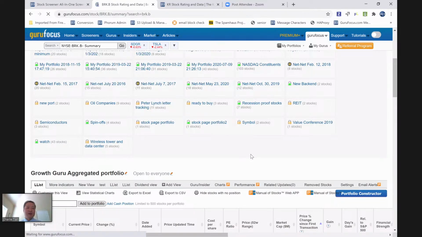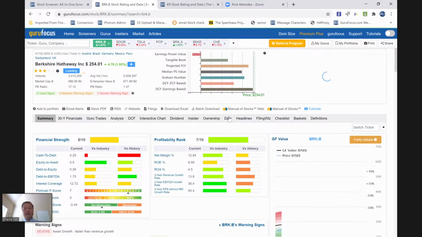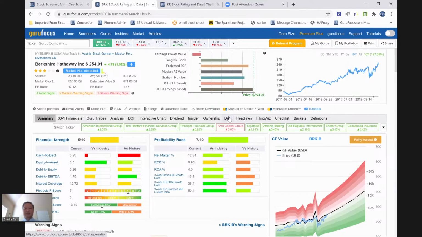That's why I want to point out the valuation of Berkshire Hathaway. I think Berkshire is fairly valued or kind of undervalued at this point. I personally have been buying Berkshire Hathaway over weeks, and if you look at the PE ratio, Berkshire's PE ratio is only 17.